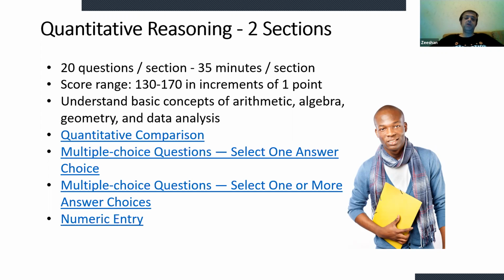Then there are MCQs in which there can be 1 correct answer or more than 1 correct answer. And then there is numeric entry. In numeric entry, you are not given multiple answer choices, but there is a box and you have to type the correct answer inside the box, and that's your answer. So these are the 4 question types you're going to face in the math portion.